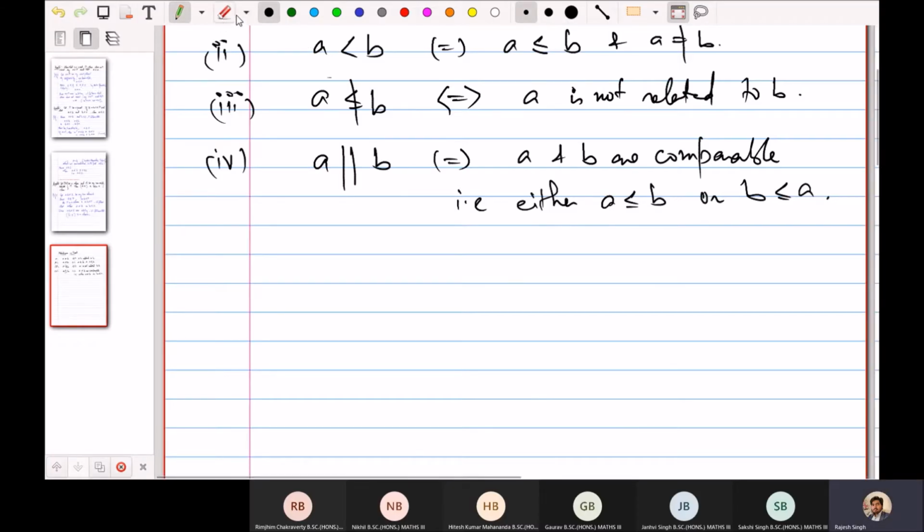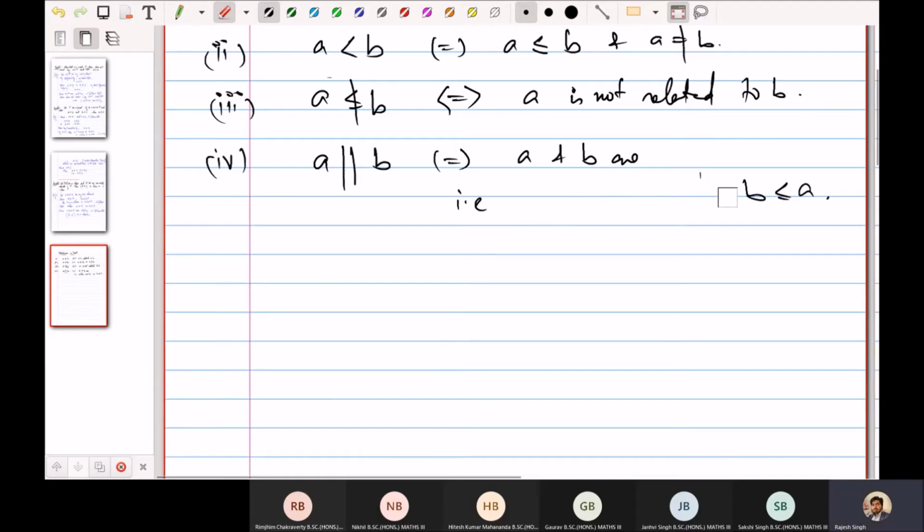अच्छा सॉरी, this is for non, I think नॉन कंपेरेबल के लिए है ये. This parallel sign is for not comparable. Okay, so not comparable.